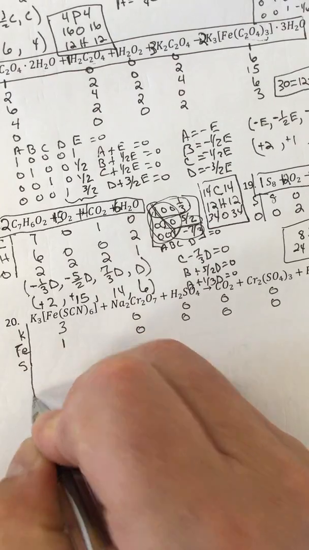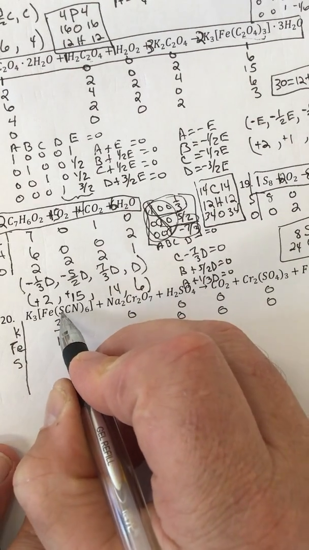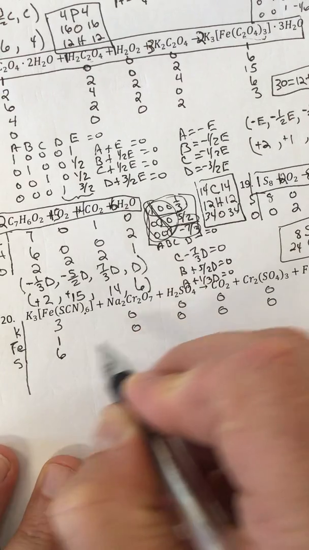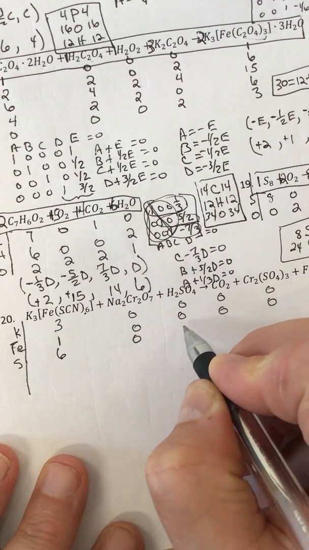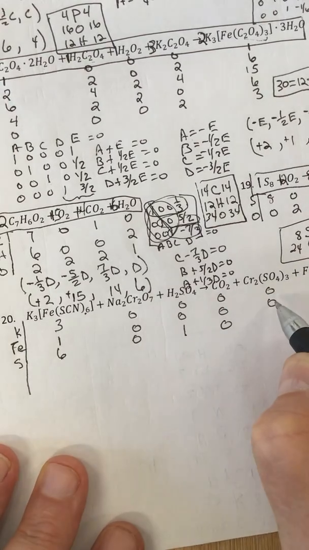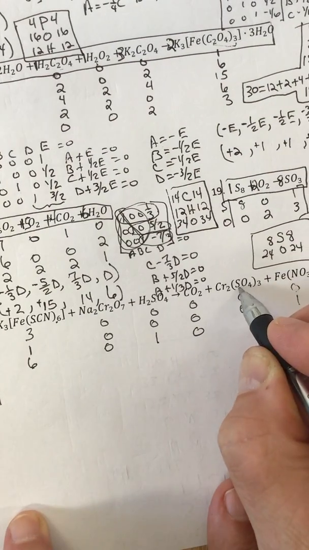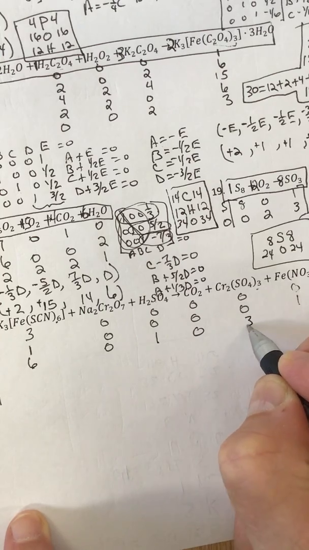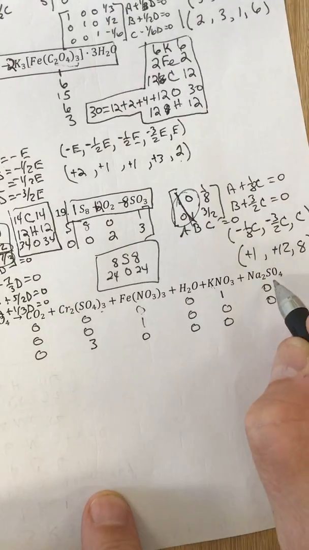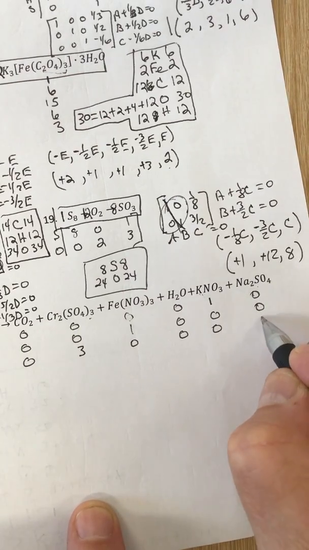Sulfur. Okay, now this parentheses has 6 of them, so there's a single 6 times. Sulfur, none. There's a sulfur right there for 1. There's none there. Okay, there's a single 3 times. None, 0, 0, and there's a sulfur just once.